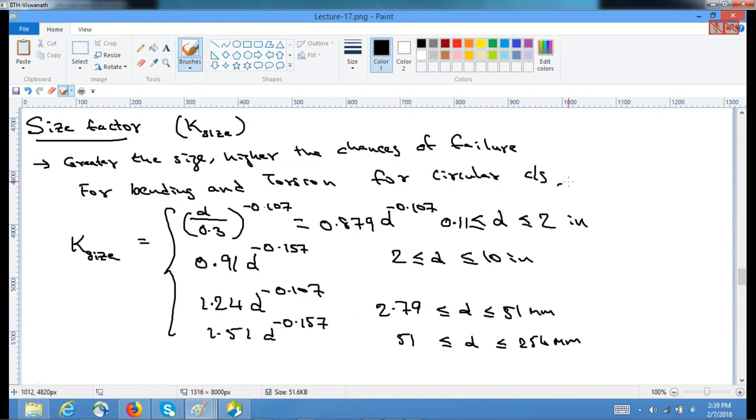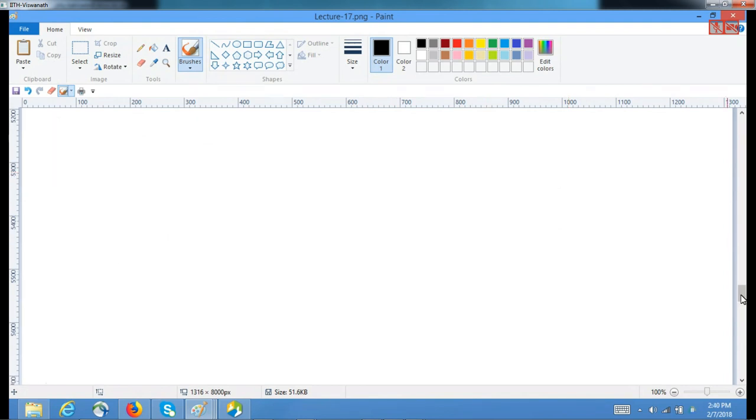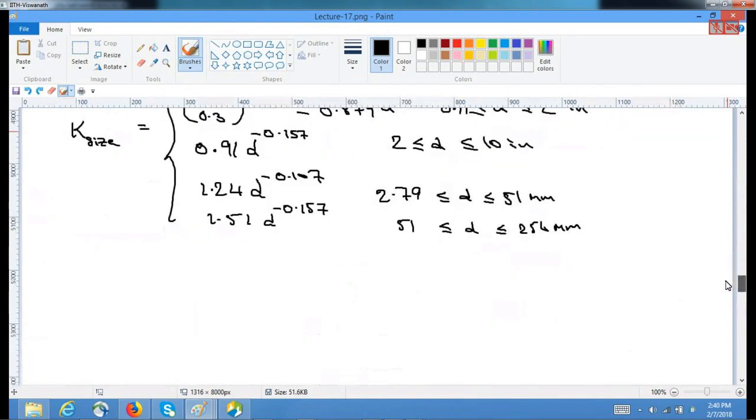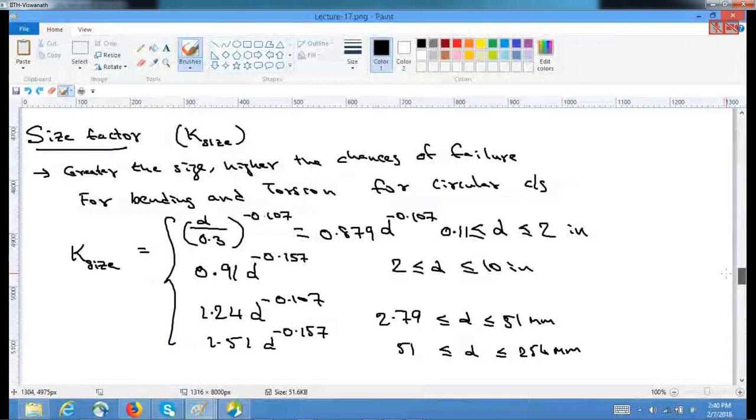But not necessarily are all the rotating components circular in nature most of the time. So people see, in general, what happens is the regions which are highly stressed are the ones susceptible to failures, because of the defects that are present in those regions.